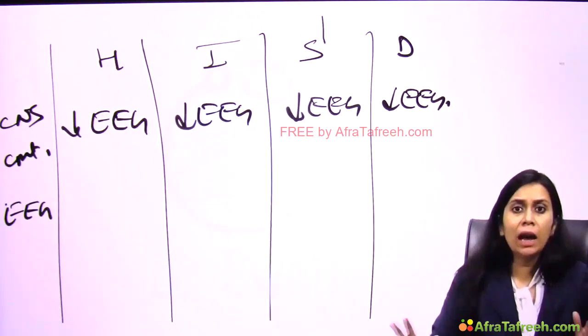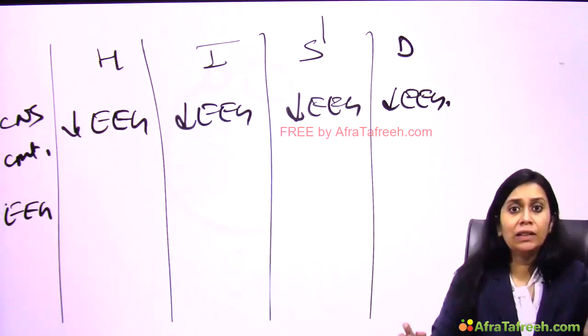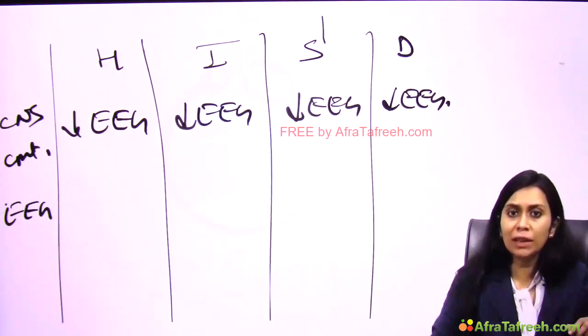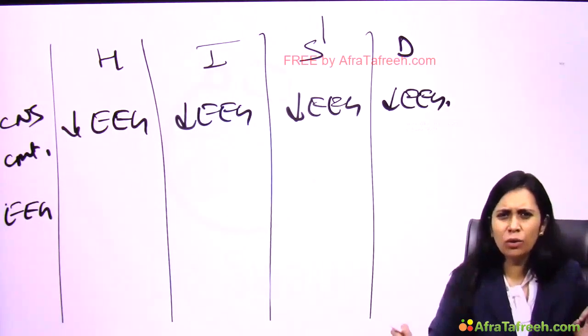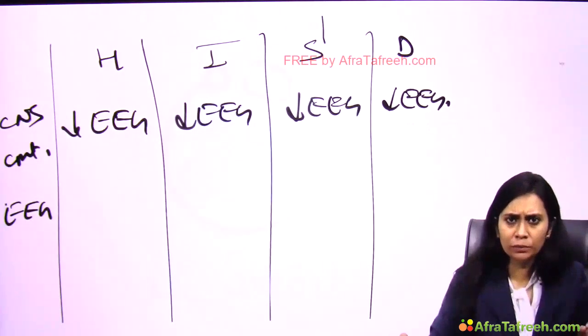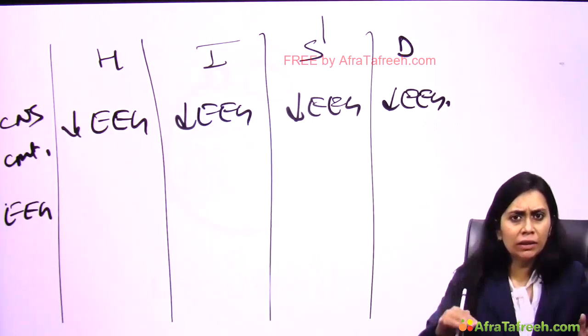Only an anesthetic agent that increases EEG activity should be avoided in a patient with epilepsy. Otherwise, all anesthetic agents decrease EEG activity, brain activity, and are anti-epileptic. Okay, got my point?